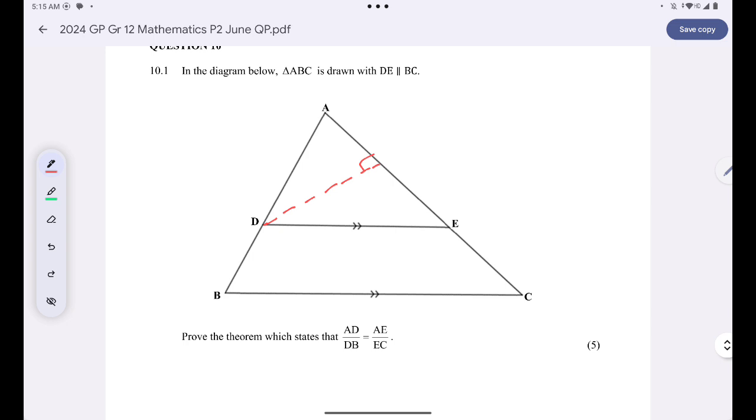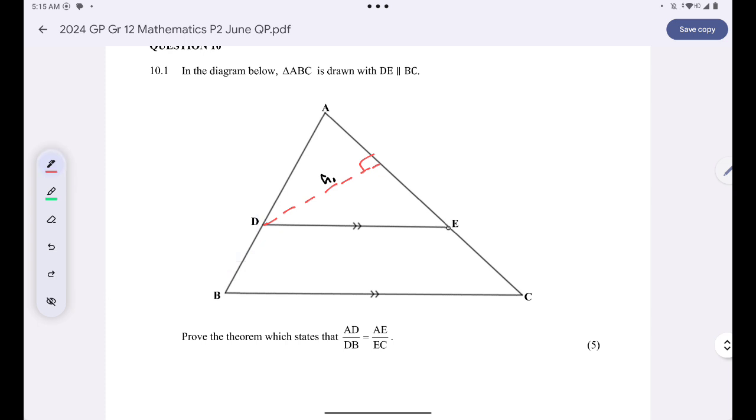Why am I constructing heights? I'm constructing heights because I'm going to use areas of a triangle. For you to find the area of a triangle, you must find the height of the triangle. Are you together? You can call this H1, to show that this is the first height that you've constructed.